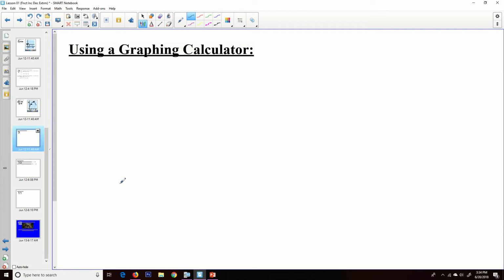All right, so using a graphing calculator, I have an example in my graphing calculator and we'll go to it in a second, but let's talk about what we're doing here.